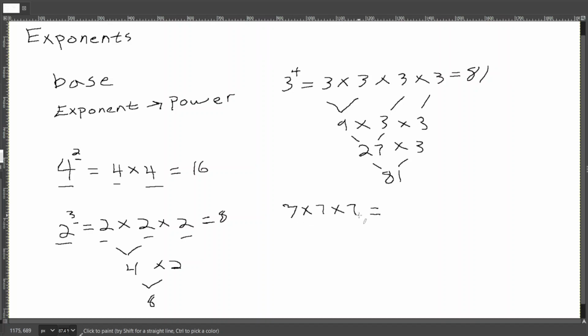So you're not evaluating the expression. If they ask you for the exponential form, they're simply telling you to write it with the power, okay? This is the expanded form. This is the exponential form. So if you're ever taking a test and they want the exponential form, that's what it is.